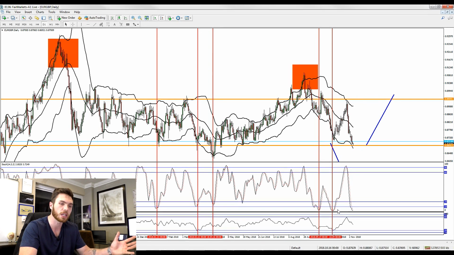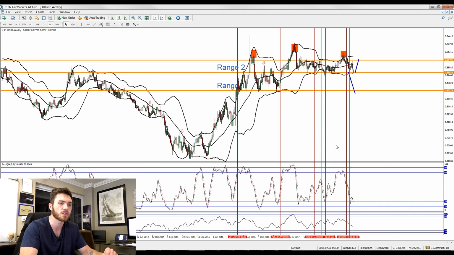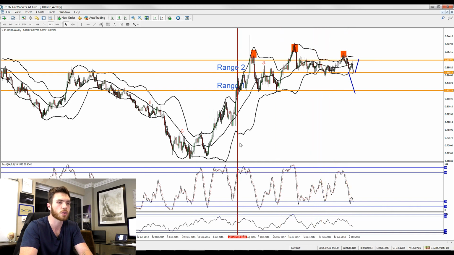So in terms of having a look at the daily charts on the stochastic, we can see that the daily stochastic is very oversold. But now if we move into something like the weekly charts, let me just quickly move these red lines away for you. The weekly charts also help us identify that the stochastic there is also in a level of being oversold.